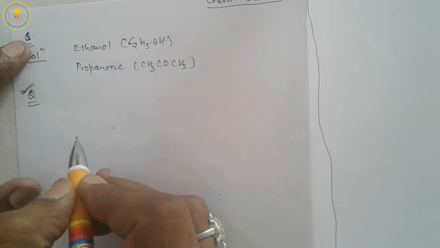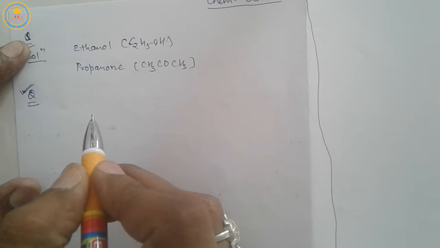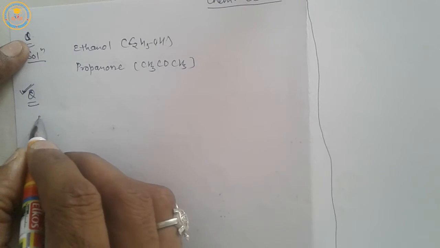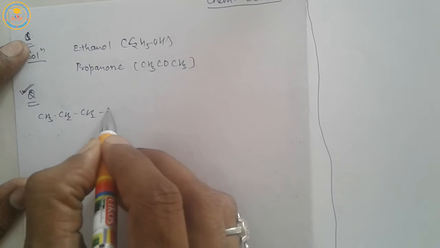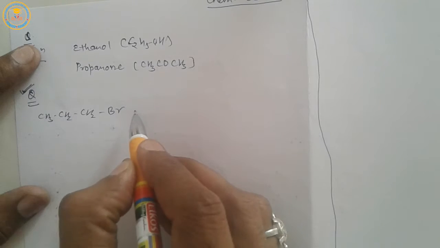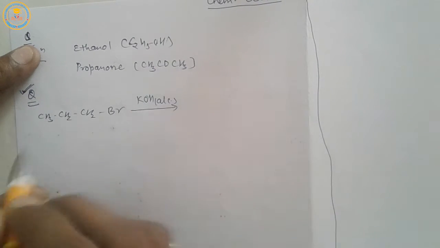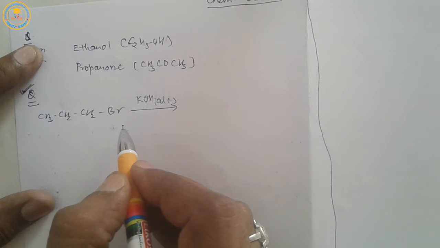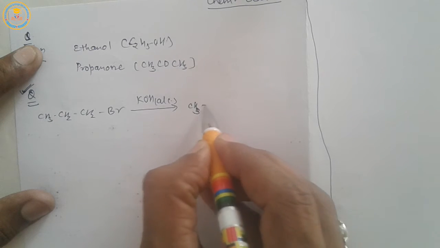During the reaction, H atoms from the beta carbon and the halogen atom from the alpha carbon are removed. So 1-bromopropane treated with alcoholic KOH, by dehydrohalogenation, propene is formed.